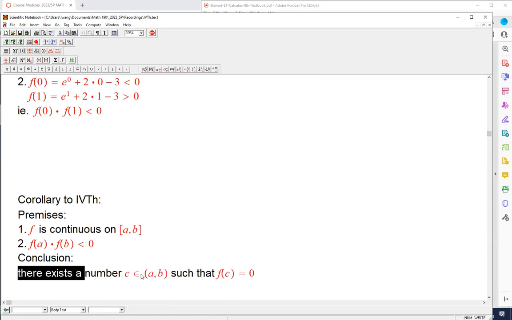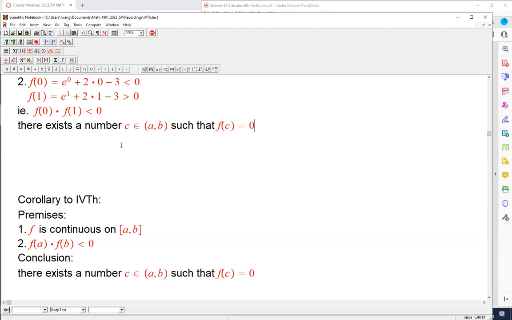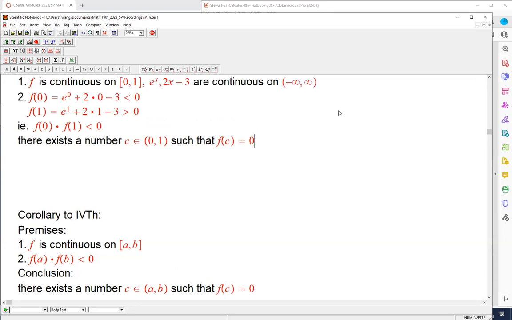And what is our conclusion? There exists a number C inside the interval 0, 1, such that f of C equals 0. You can see the more you quote this theorem, the better off you are. You don't need to create many sentences at all.